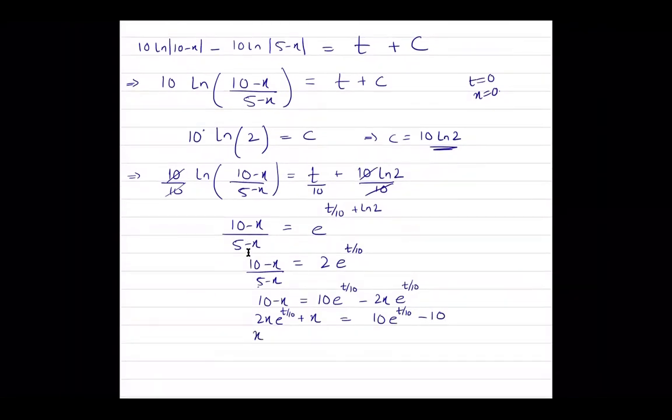If I take x common from here, 2 e to the power of t upon 10 plus... So wouldn't it be minus x? Yeah, at this step, it's going to be minus x. Thank you.